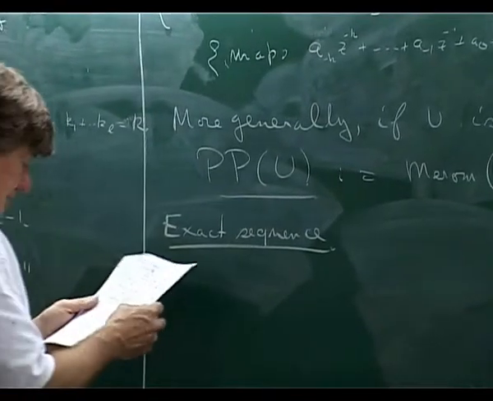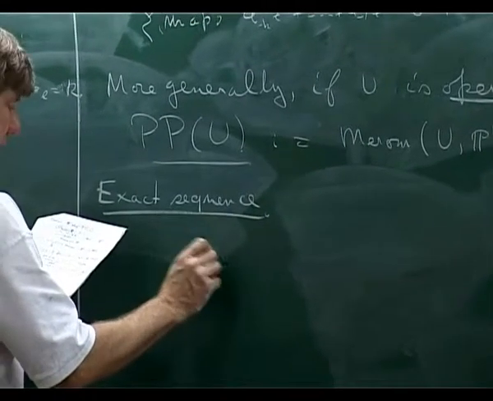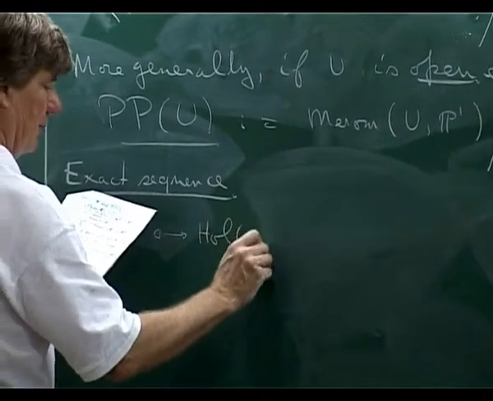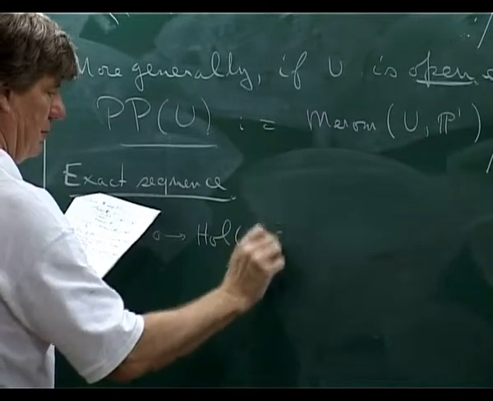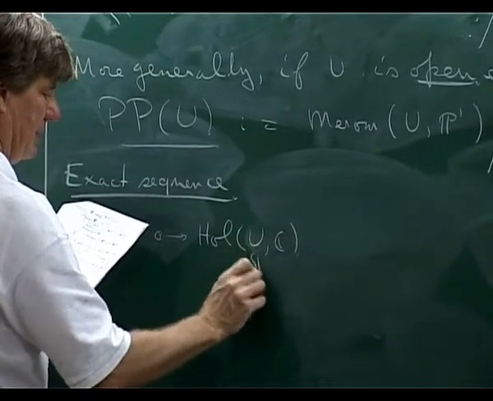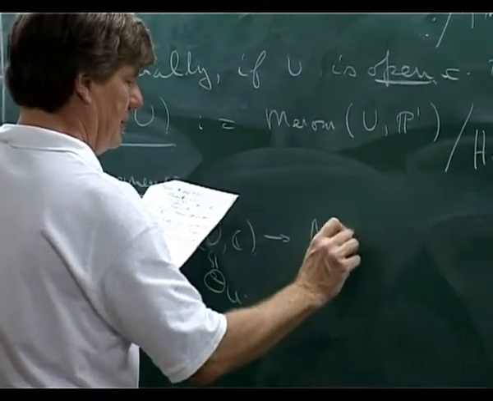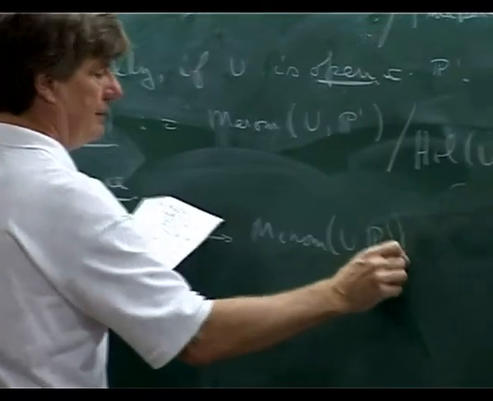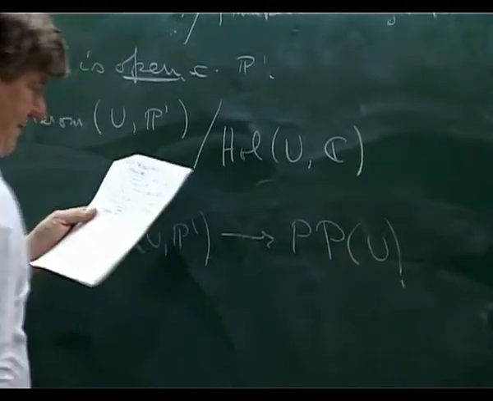Okay, so you get an exact sequence of the holomorphic maps from U into C. And this, of course, is just the O_U, to the meromorphic maps, U into P1, to the principal parts.